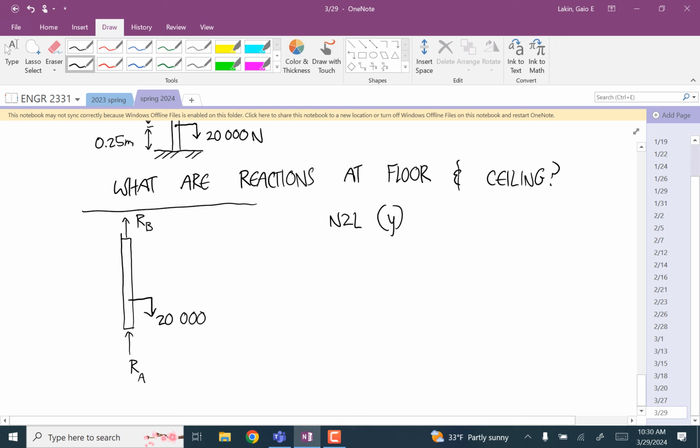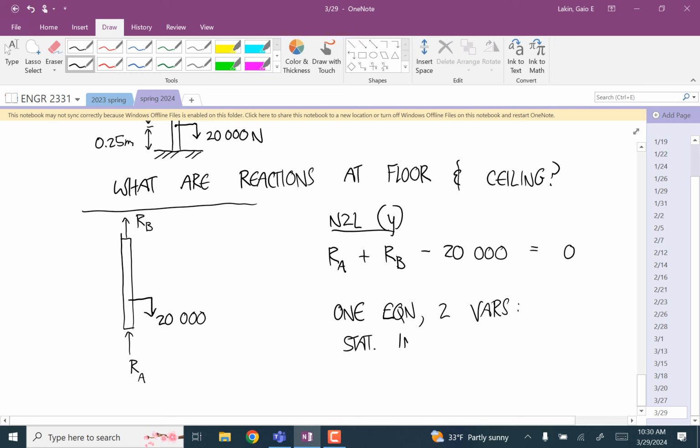Newton's second law in the y direction says RA plus RB minus 20,000 is equal to 0. Now this is the first time that we need to recognize that this is statically indeterminate. You can't solve one equation for two variables. So this is statically indeterminate.